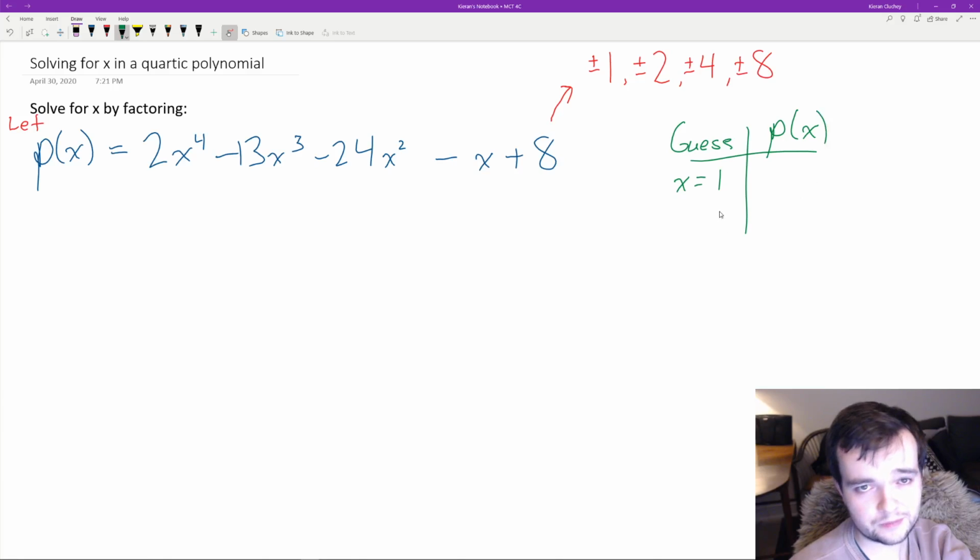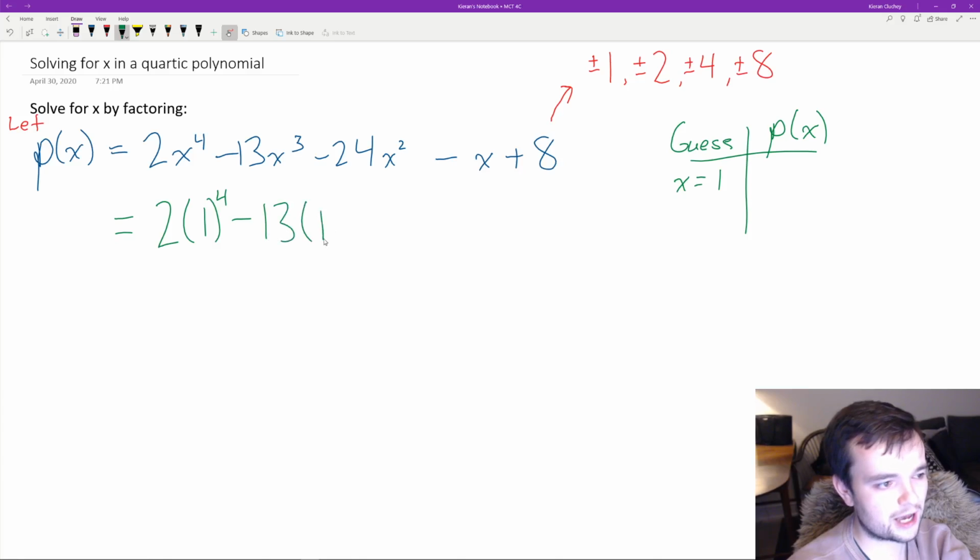I'm basically making a table of values here. All of this in green I may erase if it doesn't work out for us. I am substituting in 1, evaluating my polynomial at 1. So I have to substitute in all of the ones here in brackets.